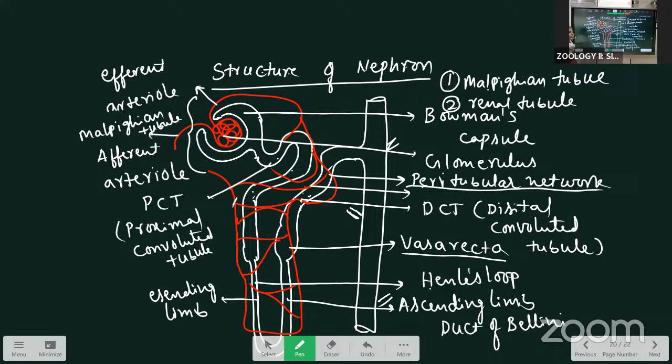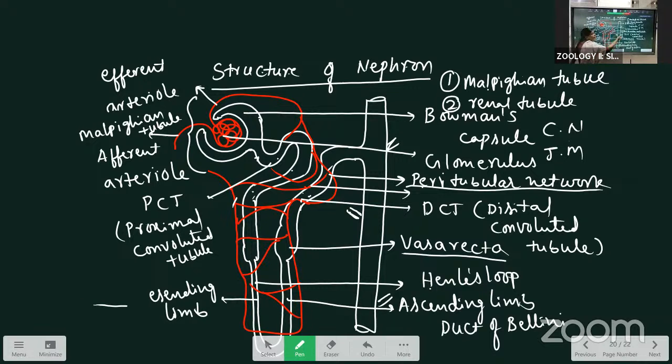Here we discussed the two types of nephrons: one is called cortical nephrons, the second is called juxtamedullary nephrons. What is the difference? Cortical nephrons have a small Henle's loop, very small, so the vasa recta is also reduced.